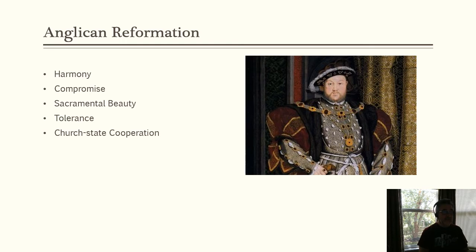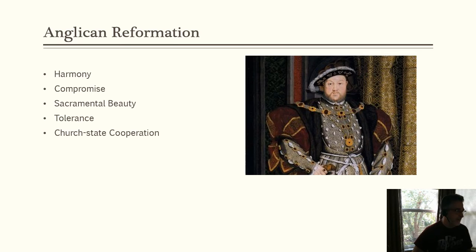It's also seen in the Book of Common Prayer that they would produce. Some would even joke that according to an Anglican, you're doing worship correctly if everyone's unhappy, because nobody got completely what they wanted. So you have this compromise in place.